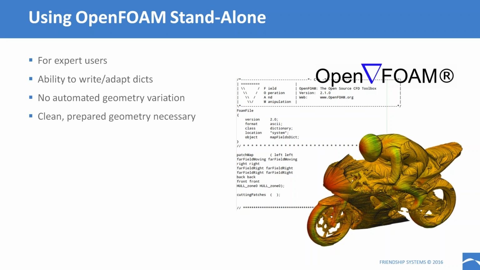It's not very suitable to be used when some kind of automated geometry variation is involved. And in order to be able to carry out the simulation, it is necessary to have some kind of clean or prepared geometry.